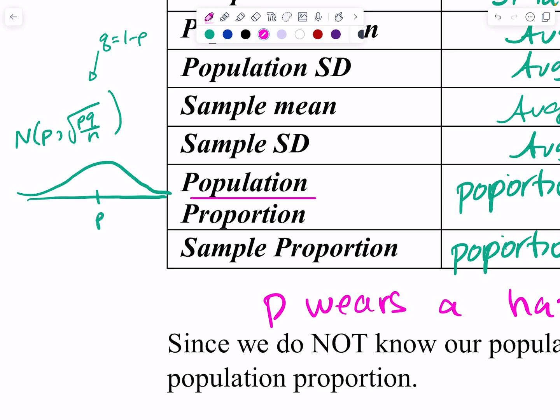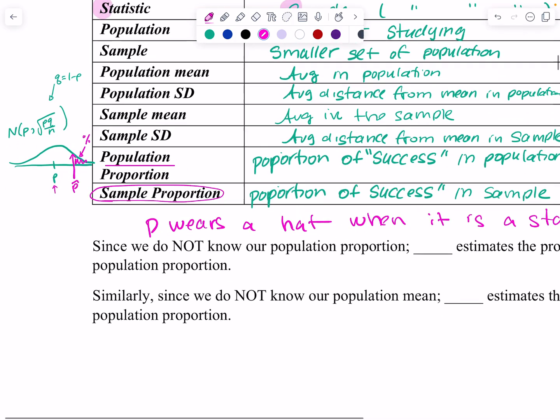What we're going to find out in a second is that we take our sample proportion, which let's say is P hat, and we look to see what that percentage is and whether it is considered unusual. So if P hat exists in here with P as the mean, is this considered unusual? I'm going to show you examples of what exactly I mean, but that's where we're headed. All right.